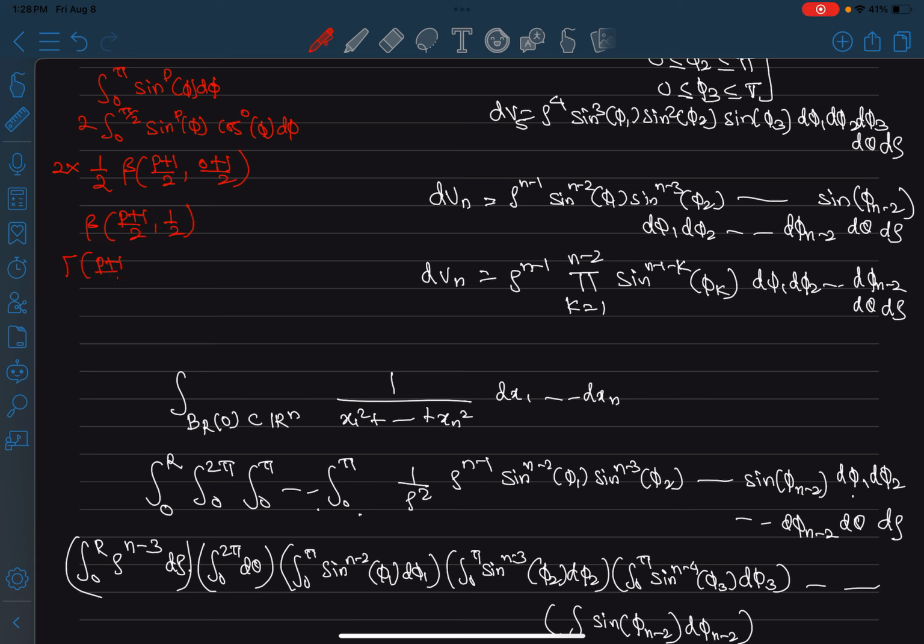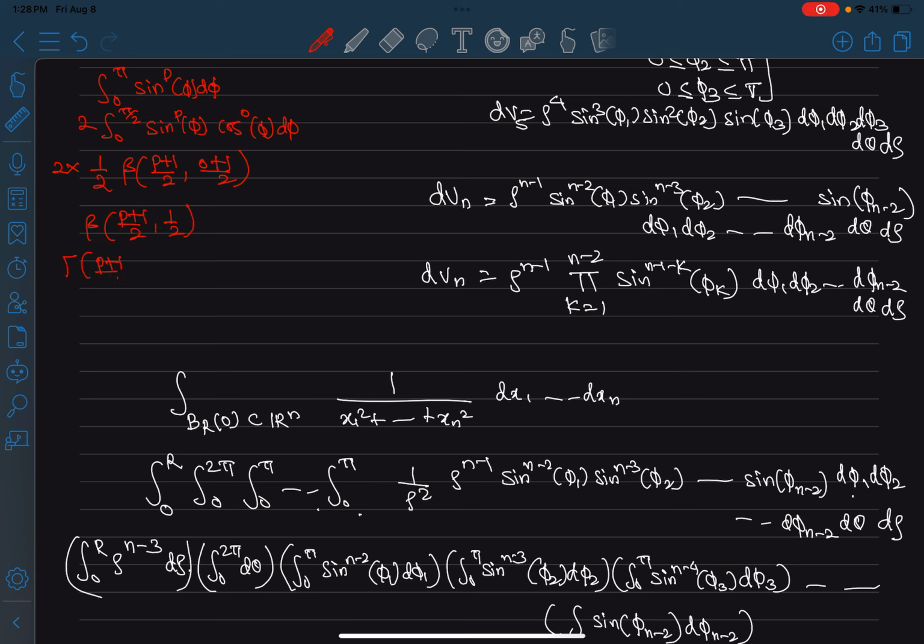And if we use this formula, now we will get this being r to the power n minus 2 by n minus 2. Next is just 2 pi. And this will just be gamma of n minus 1 over 2, gamma of half by gamma of n over 2. Next one, gamma of n minus 2 over 2, gamma of half by gamma of n minus 1 over 2.